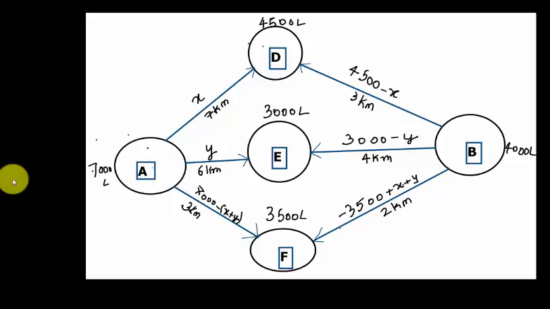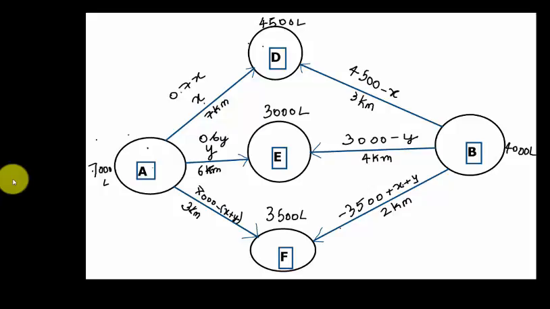So in this case, I'm transporting it for 7 kilometers, and I'm transporting X liters of oil. So the transportation cost is going to be 0.7 X. In a similar fashion, I would be transporting Y liters of oil for 6 kilometers. So the transportation cost here is 0.6 Y.